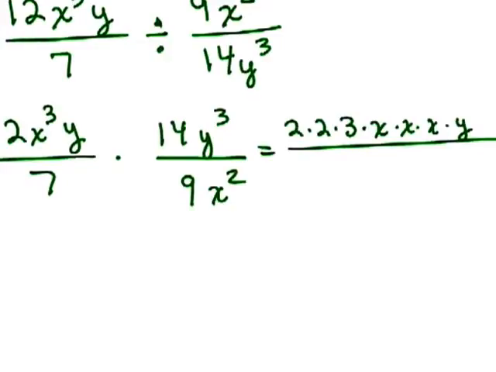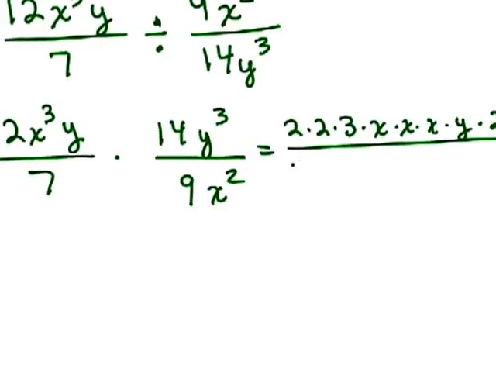And keep on going here. Alright, so then we've got the 14, 2, 7, and then we have 3 more y's, right? Okay, barely get them in there. Alright, and in the bottom we have a 7, we have a 3, an x, and x.